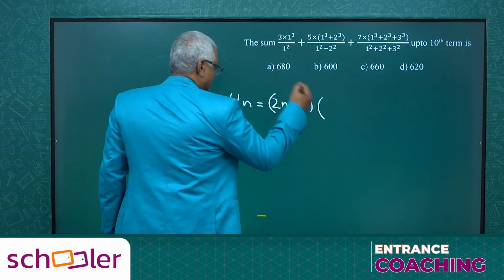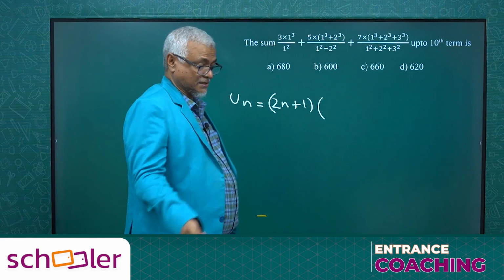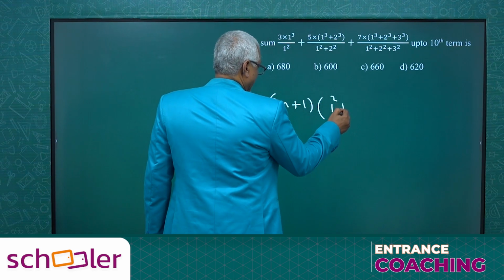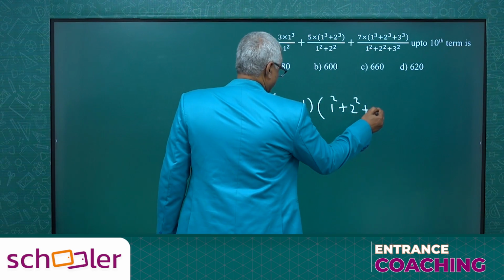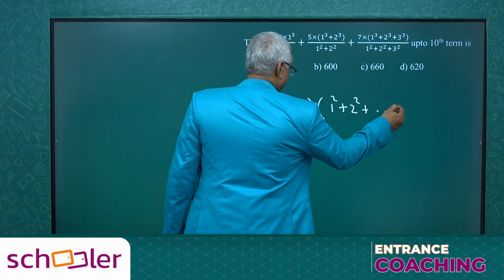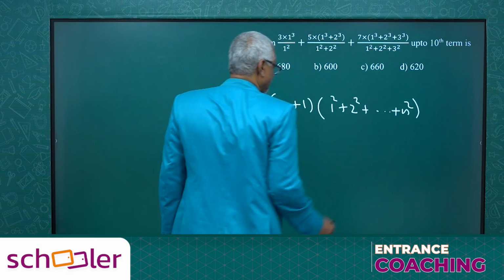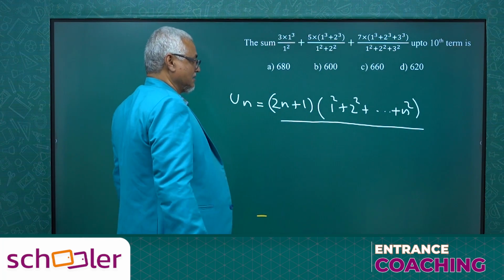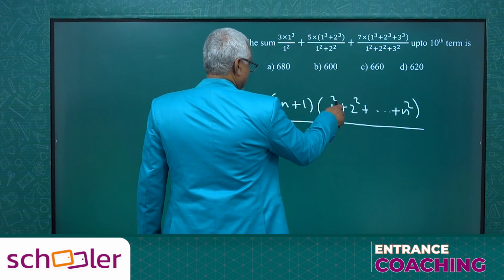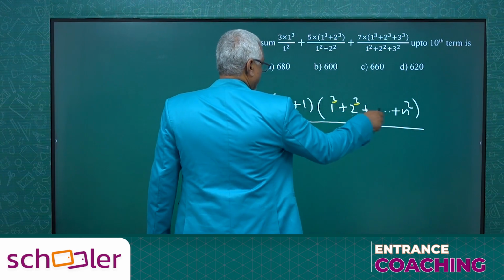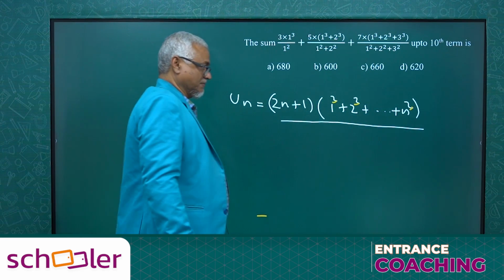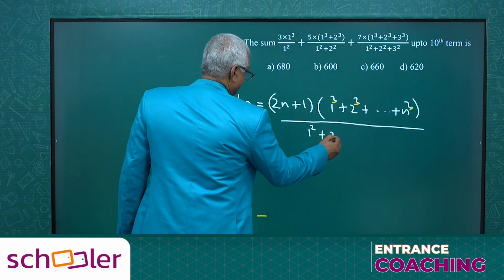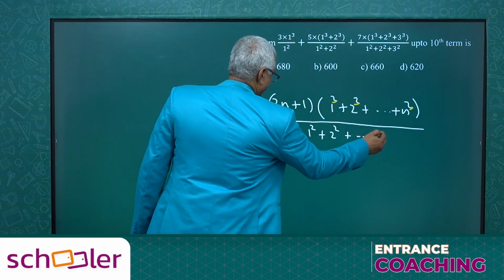The next one is 1 square plus 2 square plus 3 square plus etc. plus n square, and in the denominator 1 cube plus 2 cube plus etc. plus n cube; and in the denominator of the other, 1 square plus 2 square plus etc. plus n square.